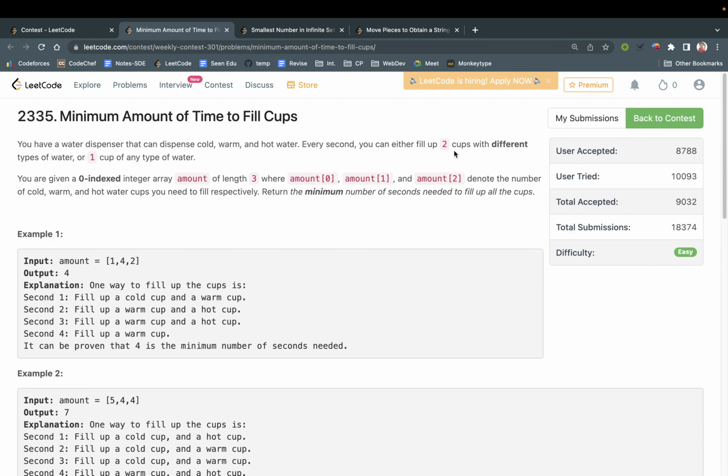In 1 second, we can fill two cups with different types, or otherwise we can fill one cup with any type.